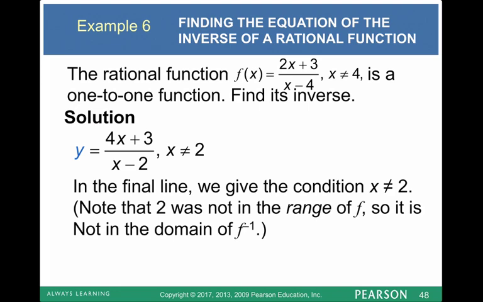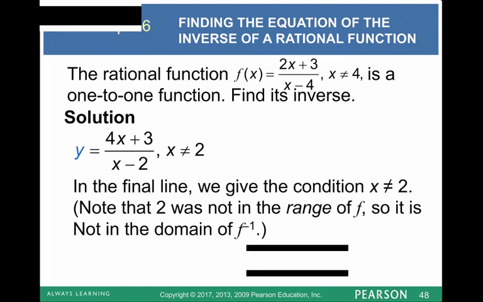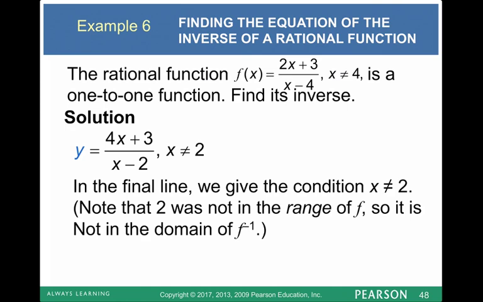There's a test for horizontal asymptotes. If you look at the exponents, they both have the same exponent, so then it's a ratio of the leading coefficients. So y equals 2 was the horizontal asymptote there. That's why we had to throw out the 2 there. It's these three tests that kind of go together when we talk about rational functions.